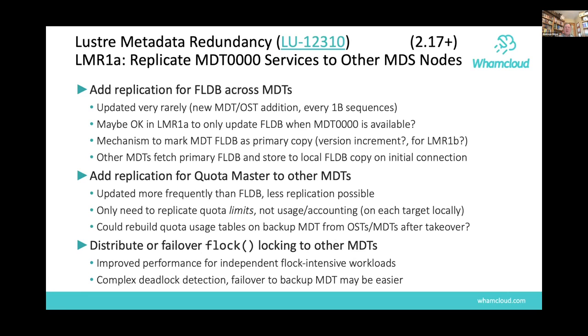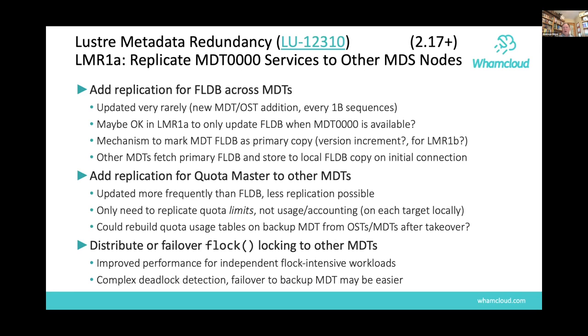MDT0 is also the quota master, and so it manages all of the user, group, project quotas and OST quotas centrally. That needs to be able to migrate off of MDT0 and be split up across multiple servers.